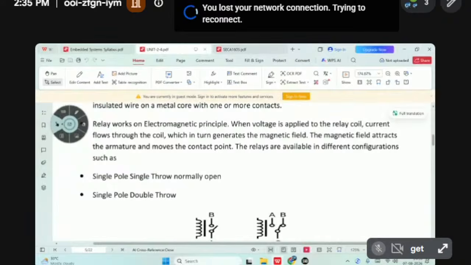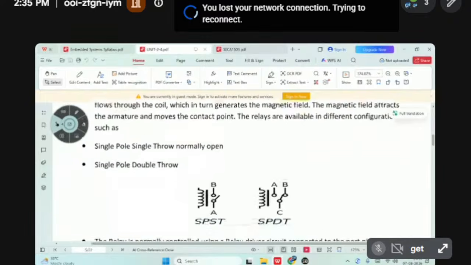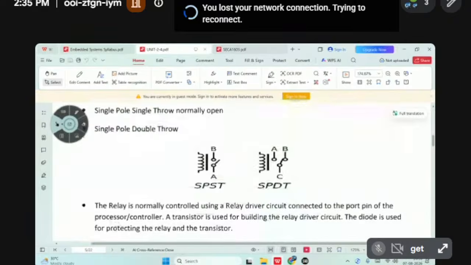Try to remember those words, right? Single pole single throw, single pole double throw. Just remember those words. Single pole, single throw; pole, double throw. So we have double connection. What if we have only one pole?